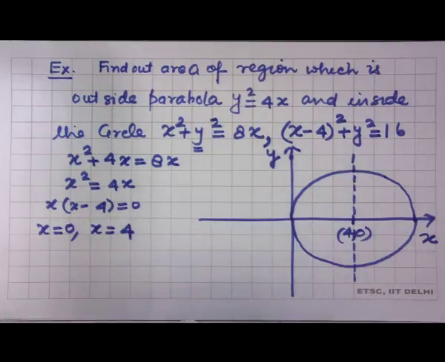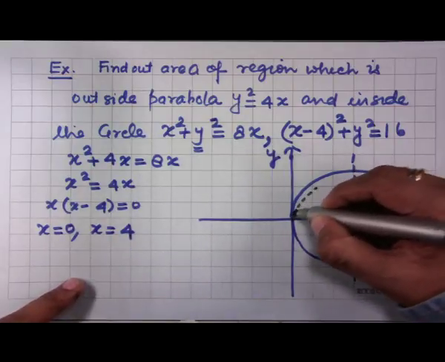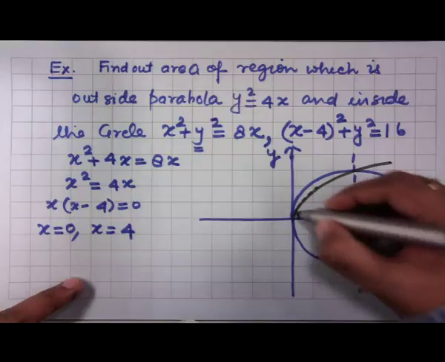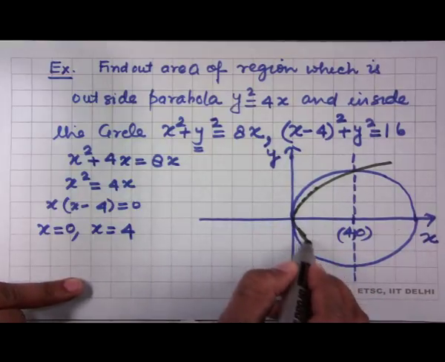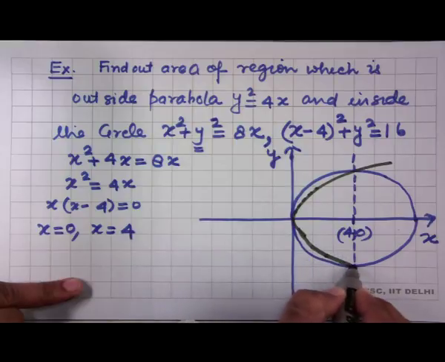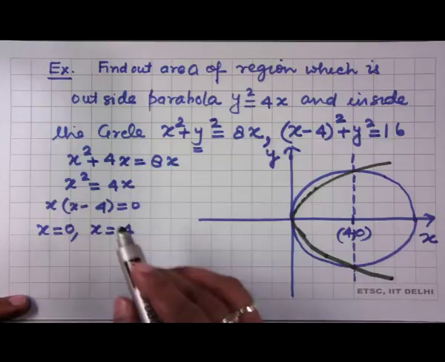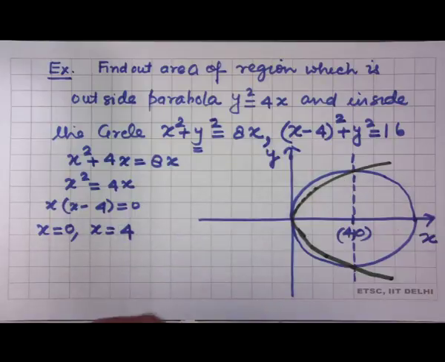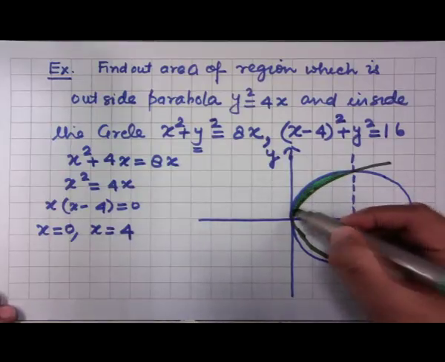So, parabola will be drawn like this. So, you are supposed to find out the area of the region which is outside the parabola and inside the circle. So, your required area is this.